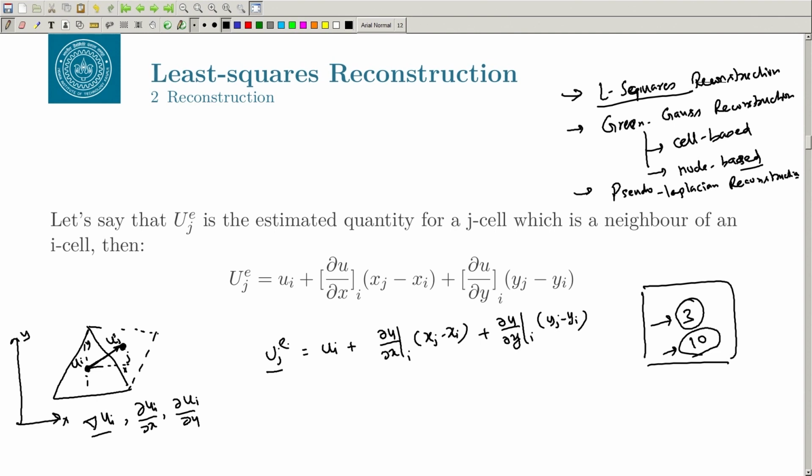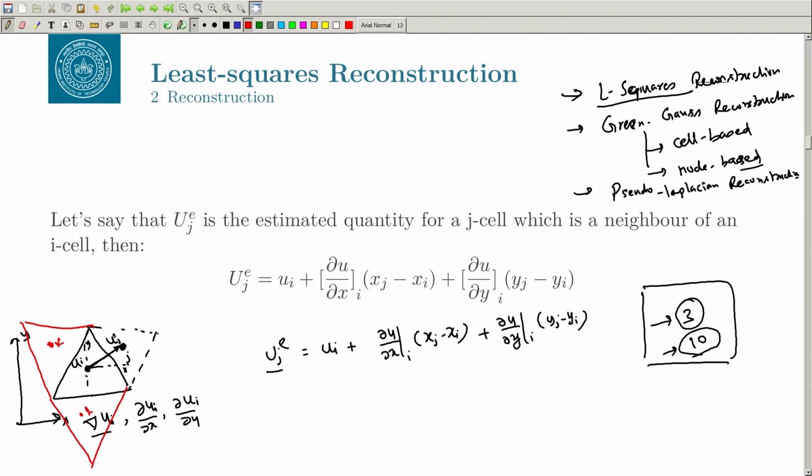This is the estimated quantity, you can estimate it with respect to many different cells. This cell will have many neighbors, there is one neighbor here also, one neighbor here also. So this is one j, maybe you have k, maybe you have l.